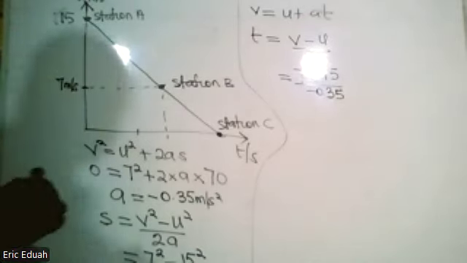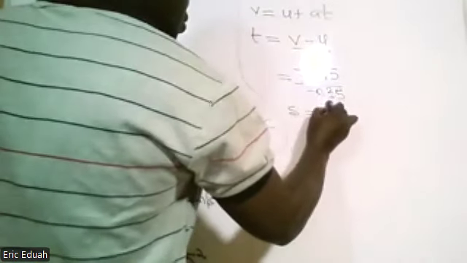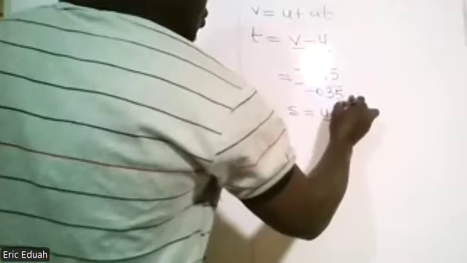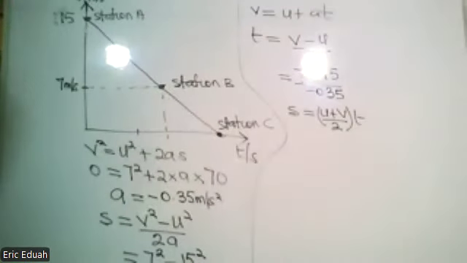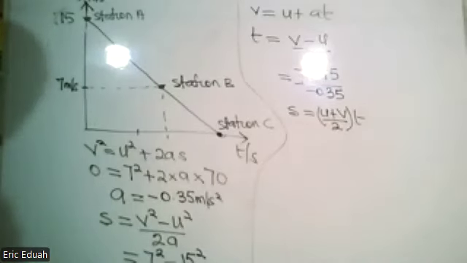Another method, you can use S is equal to U plus V over 2 times T. We found this distance, S, 251.43.